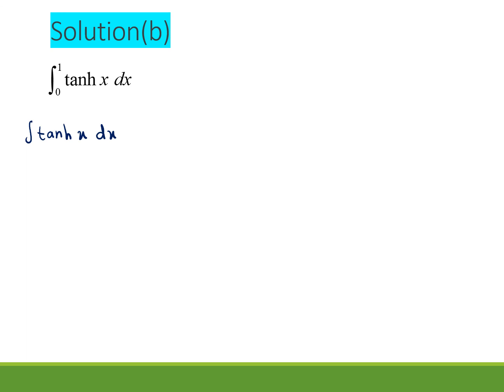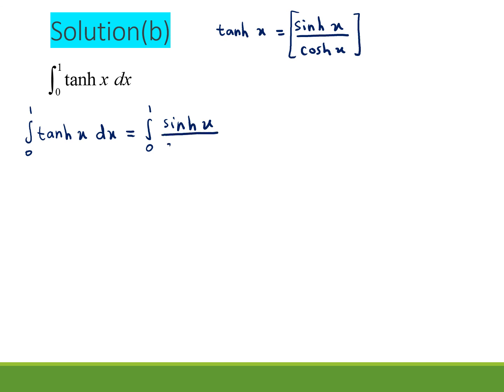So what we need to do is, we know that tanh of x is equal to sinh of x over cosh of x. So the integral of tanh of x dx from 0 up to 1 can be represented as the integral of sinh of x over cosh of x dx.